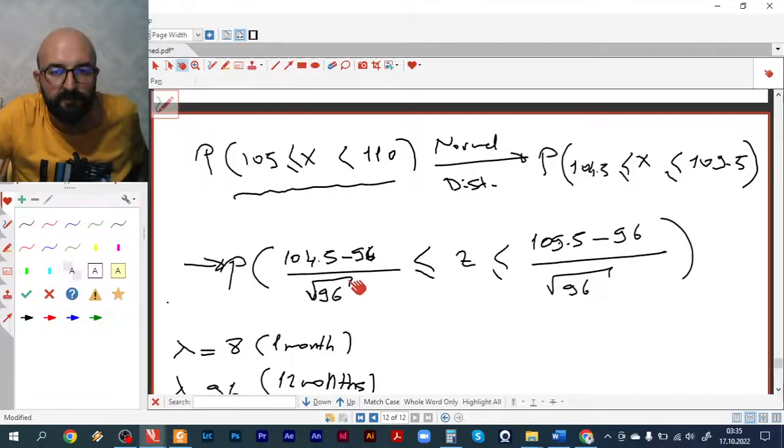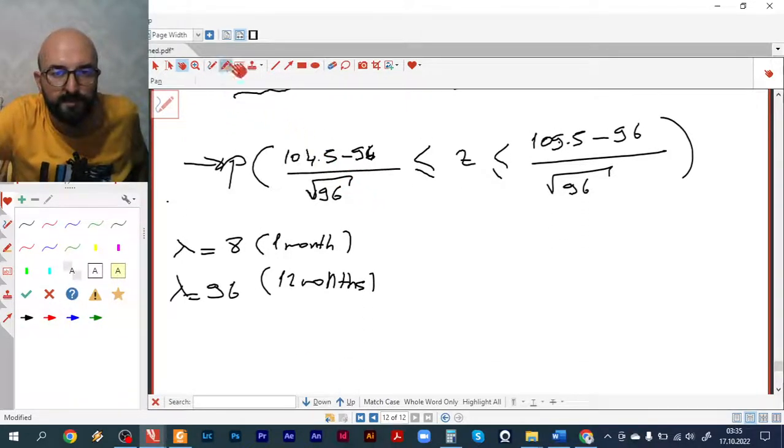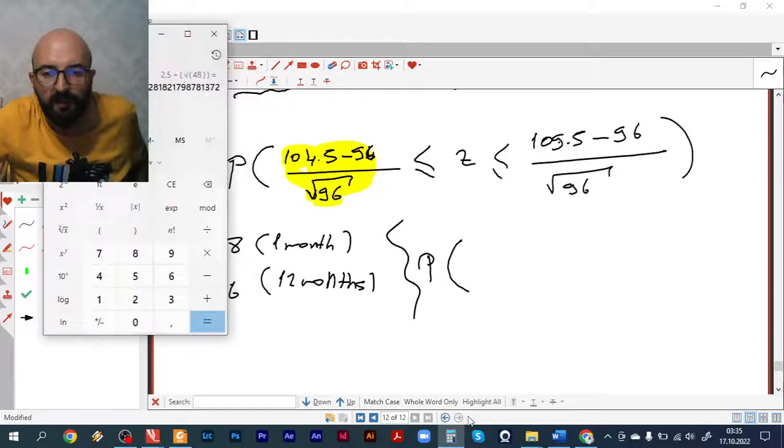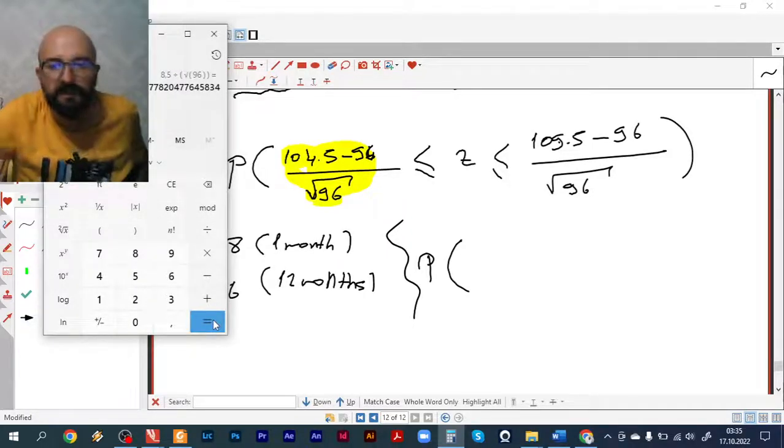For the first one, it should be 8.5 over the square root of 96. The square root of 96 becomes 0.86.